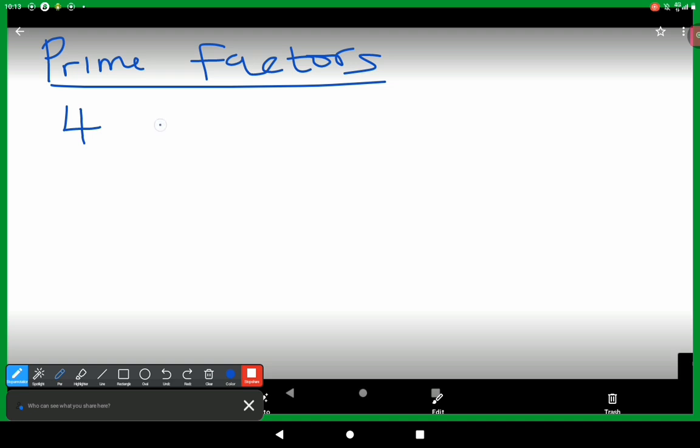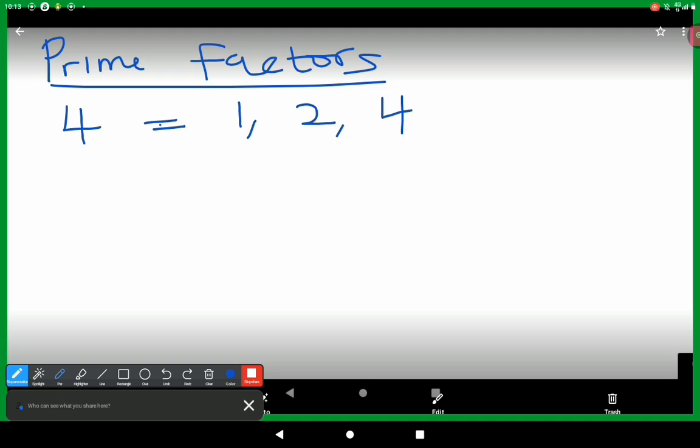Factors of 4 could be 1, because 1 can divide 4 without a remainder. It could be 2. 2 can divide 4 without a remainder, and it can be 4. 4 can divide 4 without a remainder. So therefore, factors of 4 are 1, 2, and 4.